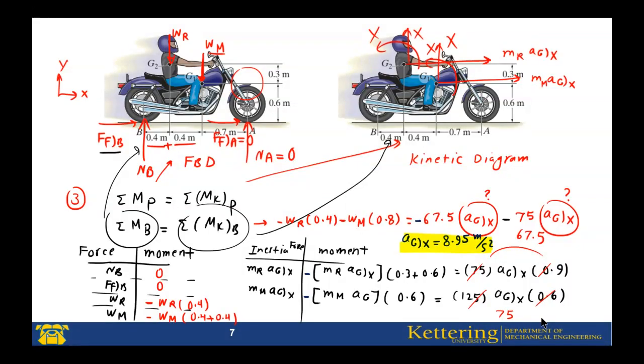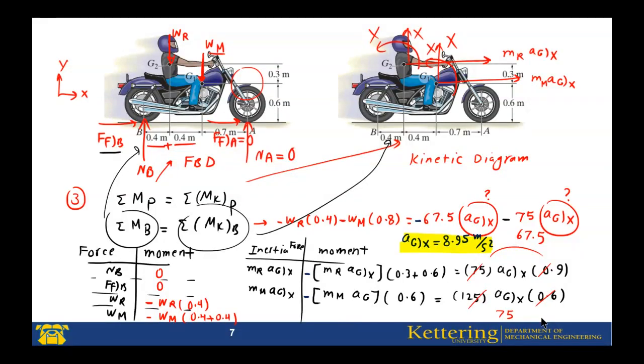You're finding these two numbers equal to this, which is MR and AGX. Yes, MR is 75. AGX is this one, 0.9. Then to write this one, I multiply 75 by 0.9, which is 67.5. But the part I'm confused about is you're saying that's equal to WR times 0.4.